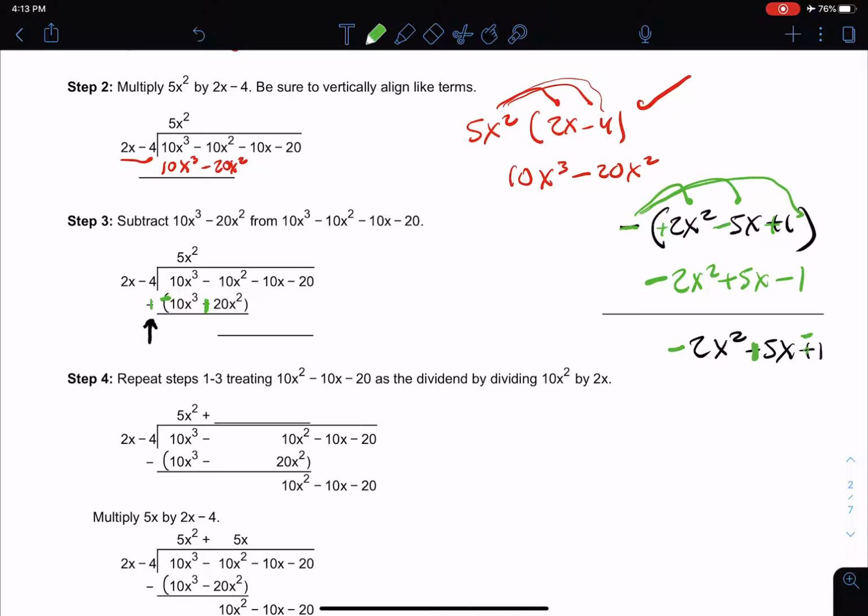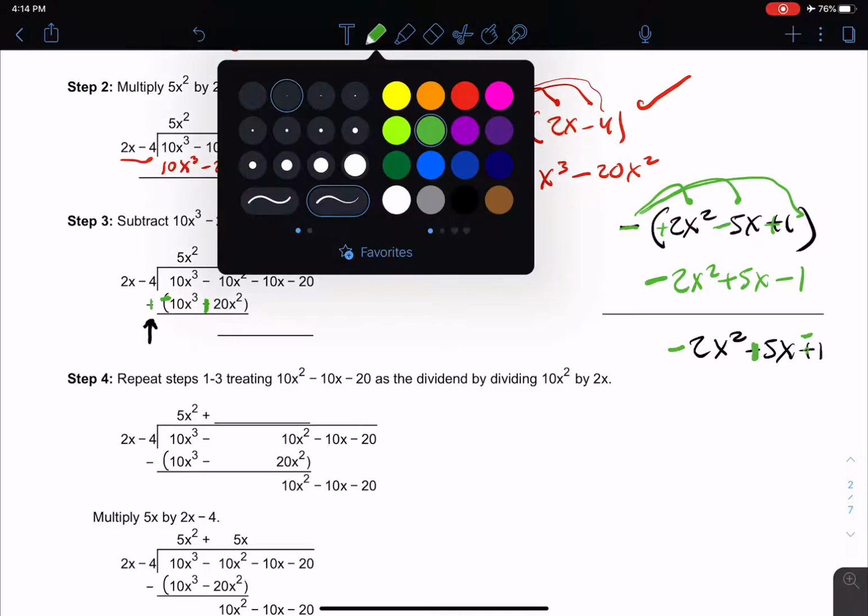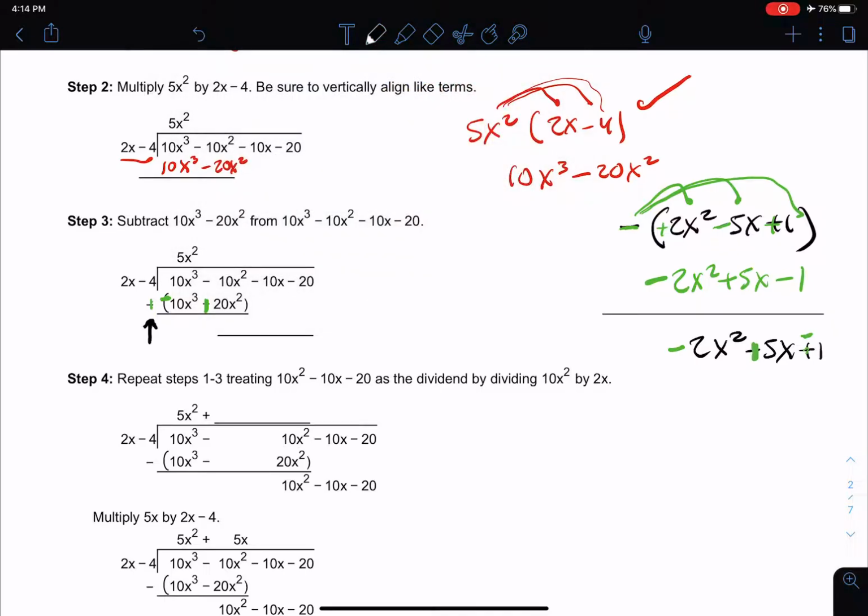Now you have to do the next step, which is, now that we distribute our negative, now you just add them up. So what is a positive 10x cubed and a negative 10x cubed? 0. Now this little 0 right here has to happen at this step. If you get something other than 0, it means you picked the wrong number up here, and you got to go back and start again.